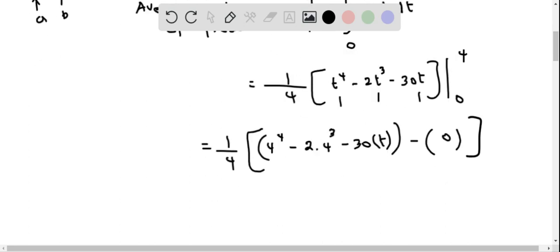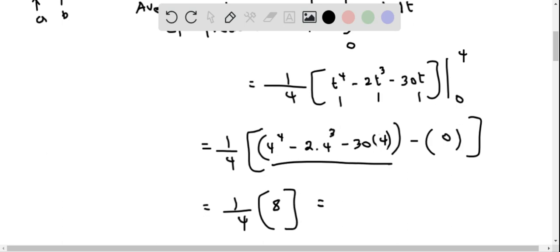Let's simplify this. So simplifying this, we get 1/4, and when we work out this expression, we get 8. So this equals 2. And so this is the average price of produce during the first 4 months. You can put this in dollars.